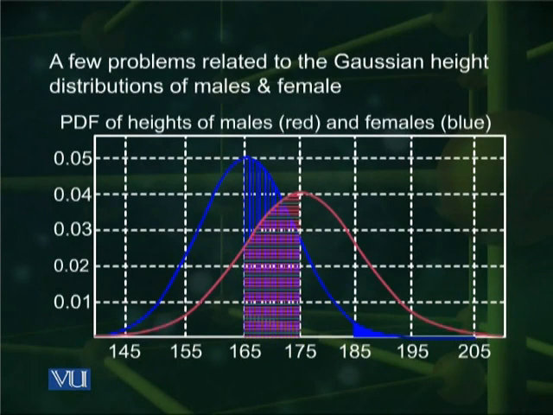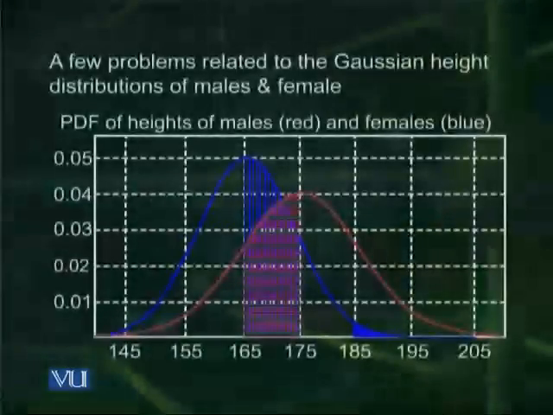This solid blue area represents the probability of a randomly selected girl being taller than 185 centimeters. This area is very small and this probability comes out to be 0.006. So there is less than 1% chance that if you have such a population and you pick a girl randomly, she comes out to be taller than 185 centimeters.